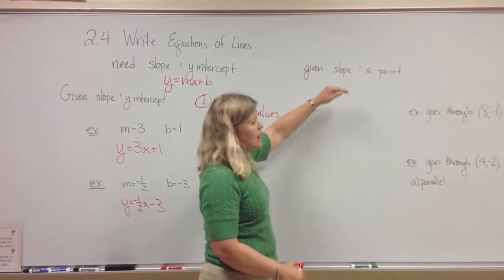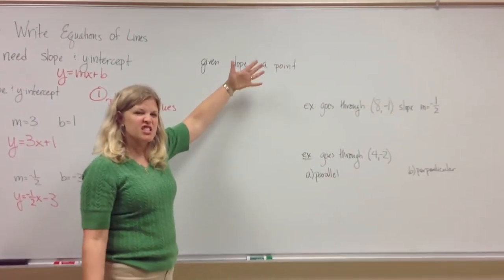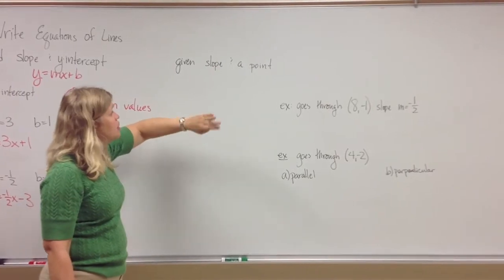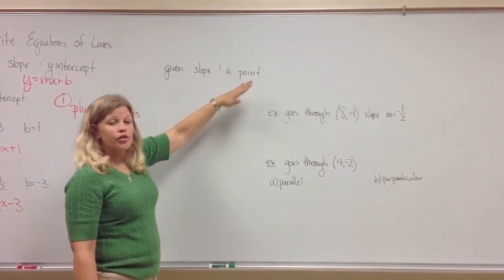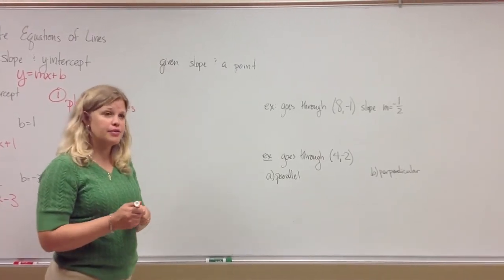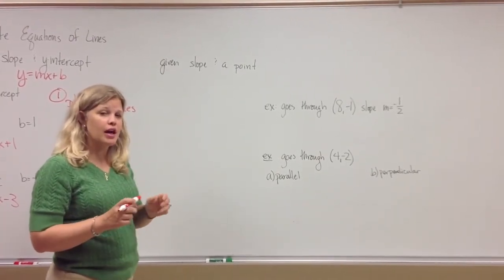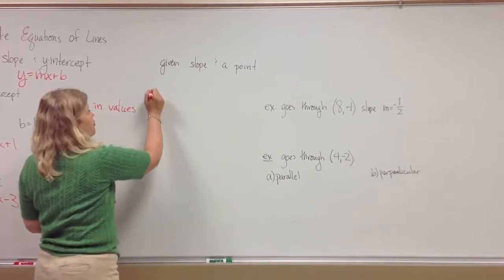Okay, the next type of problem you might be expected to do is you will be given a slope and a point. We're going to write out the steps for this, but before I do that, I want to give you the point-slope form.